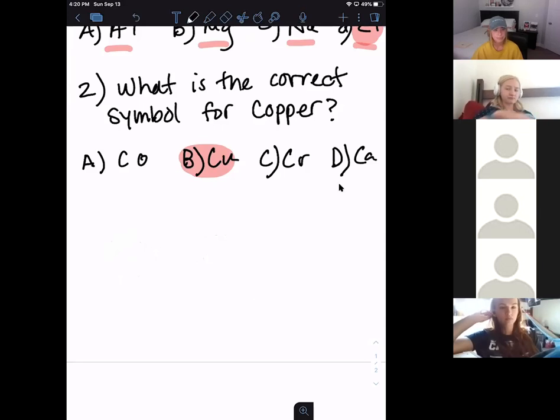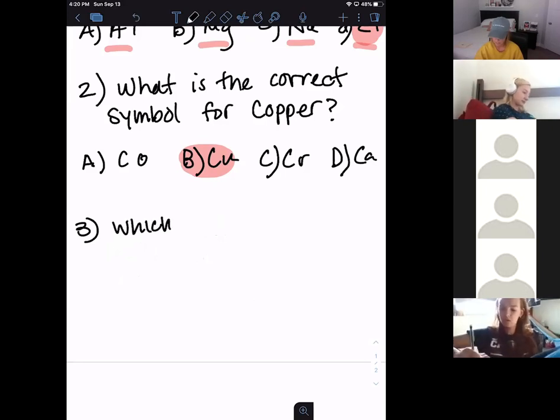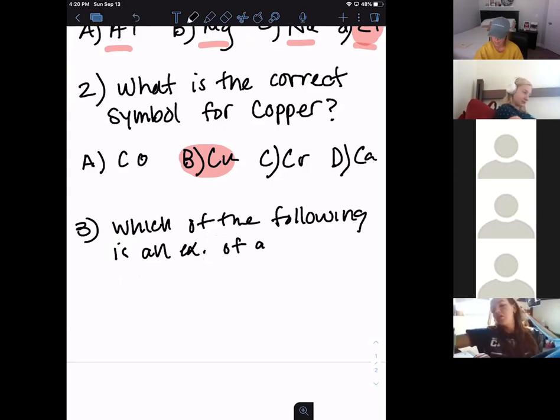All right, next question. Which of the following is an example of a heterogeneous mixture?